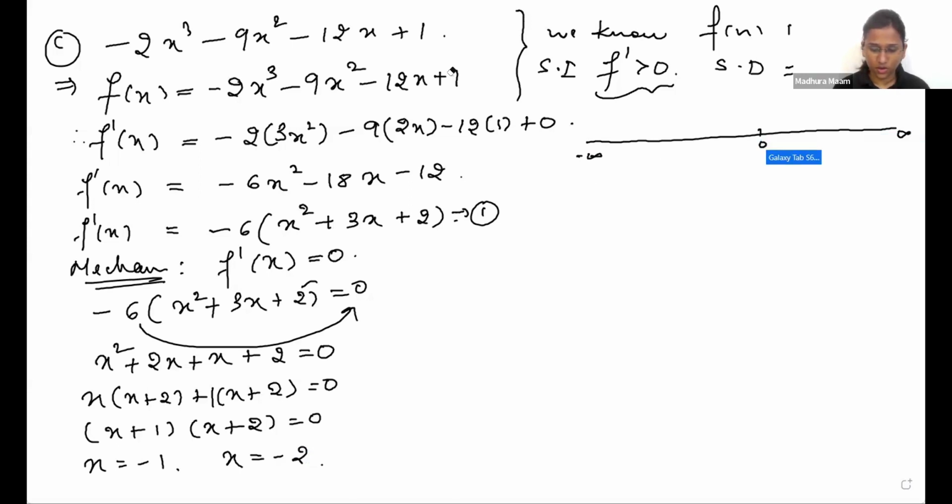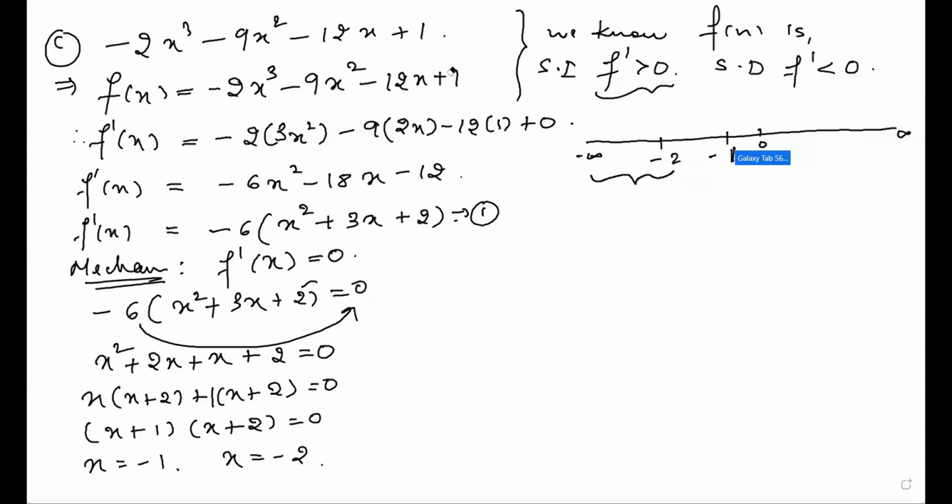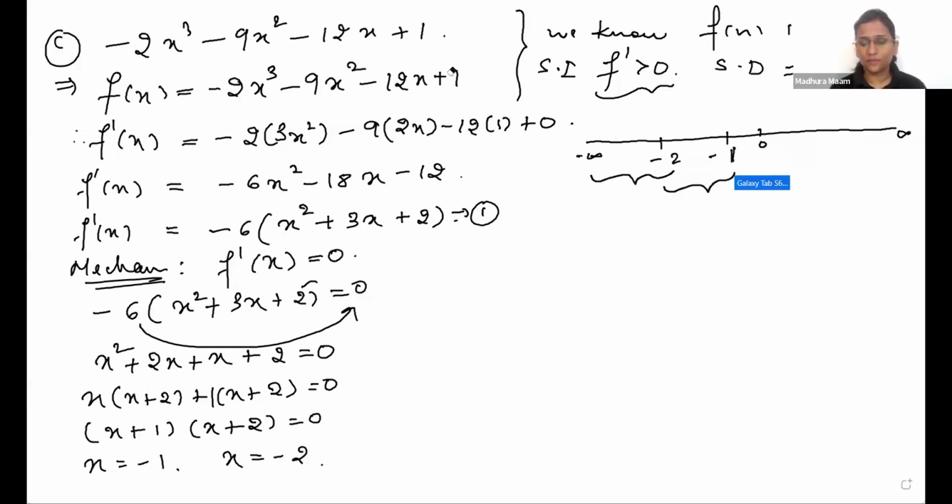Say if this is 0, then this is your minus 1 and this is your minus 2. Correct? So tell me what are the intervals now? One is minus infinity to minus 2, yes, ma'am. Okay. Then minus 2 to minus 1, and minus 1 to infinity.